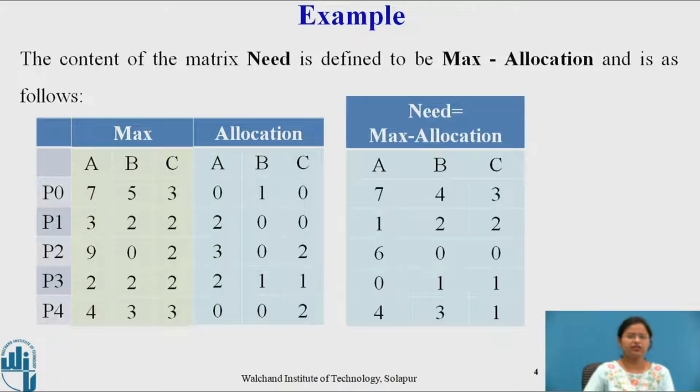We can calculate need by max minus allocation, like 7 minus 0, 7; 5 minus 1, 4; 3 minus 0, 3; 3 minus 2, 1; 2 minus 0, 2; 2 minus 0, 2; 9 minus 3, 6; 0 minus 0, 0; 2 minus 2, 0; 2 minus 2, 0; 2 minus 1, 1; 2 minus 1, 1; and 4 minus 0, 4; 3 minus 0, 3; and 3 minus 2, 1. So in this way the need matrix is calculated for each and every process.